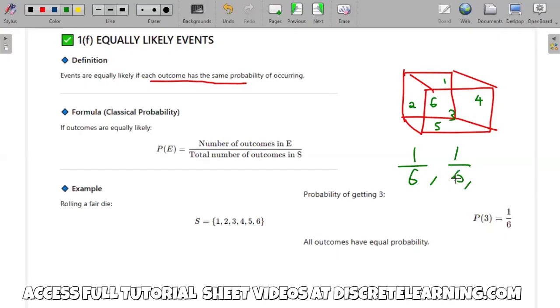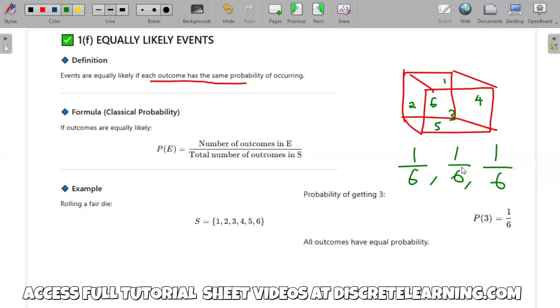If I say again, the probability of getting a six, we just have one six there, so I'll say one over the total number of sides. I have what? Six. So you see that the probability of getting a one or a two or a six or a three or a four or a five, they are equal. So we're going to call those events equally likely events because they have the same probability of what? Of occurring or happening or taking place.